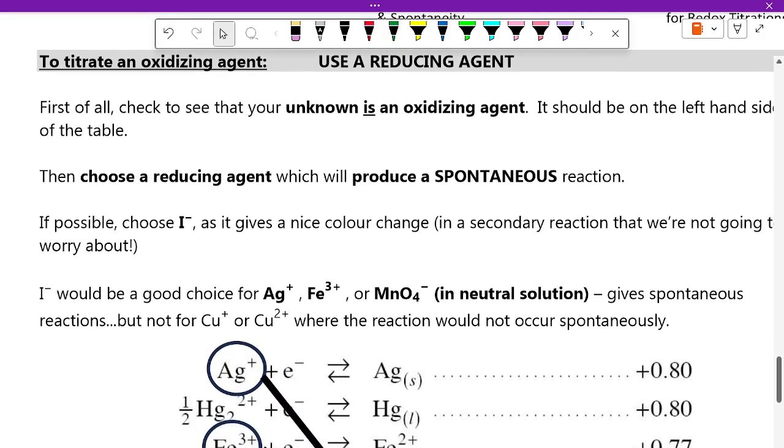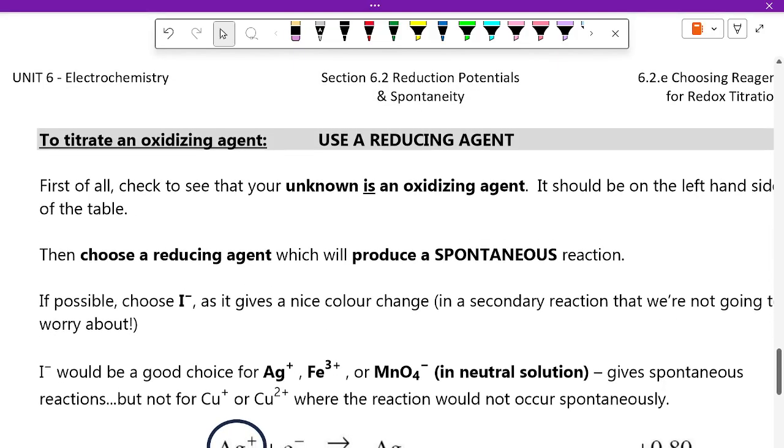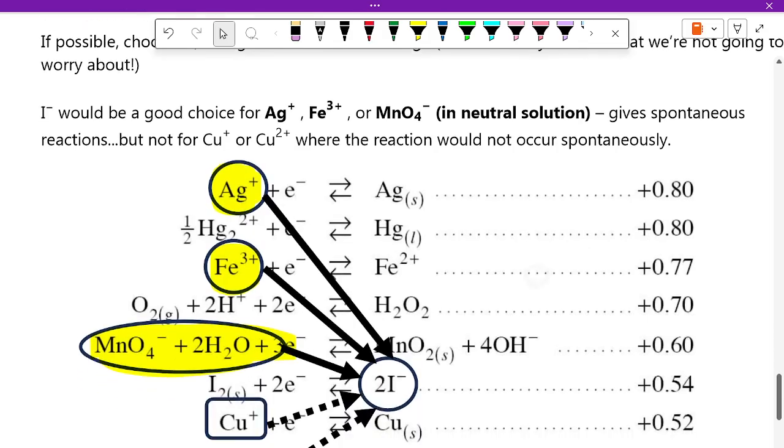Let's see. First of all, check if you're wanting to titrate an oxidizing agent. So if you need to titrate silver, or iron, or permanganate, a good choice for those would be iodine, because you can use starch as an indicator.